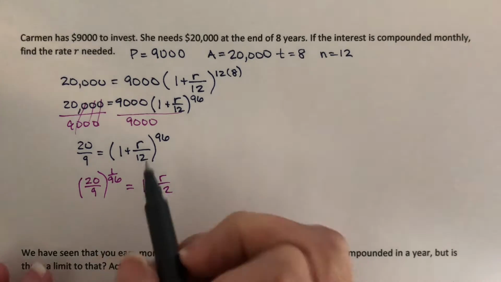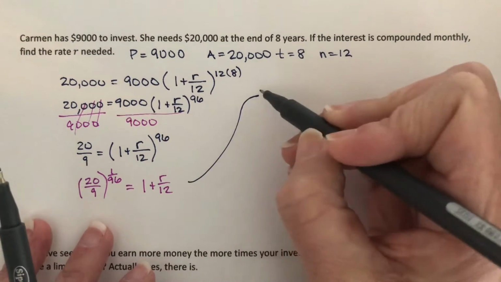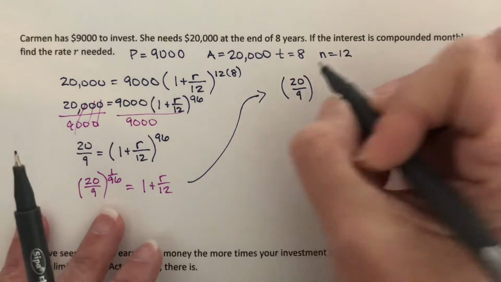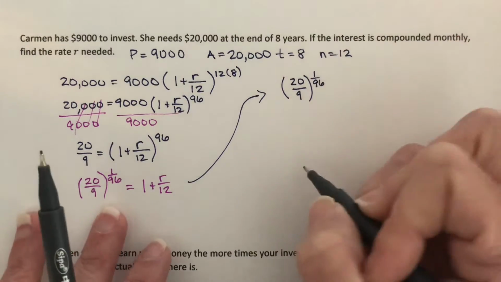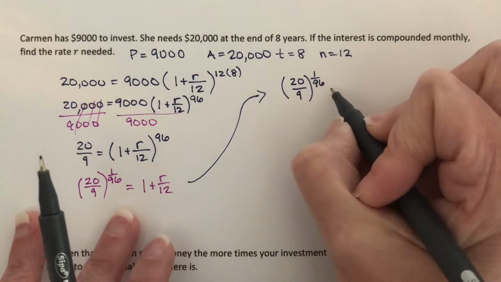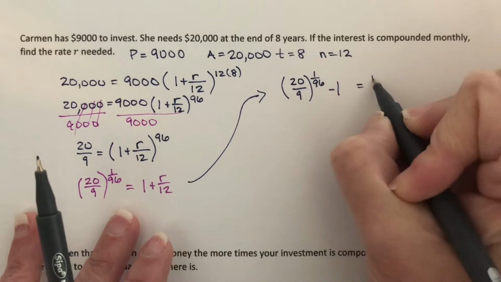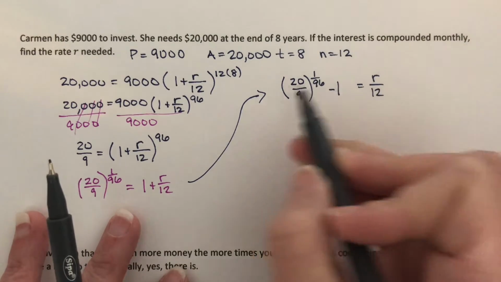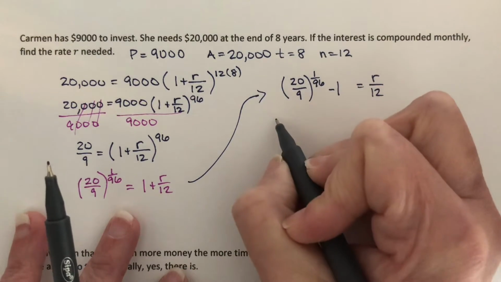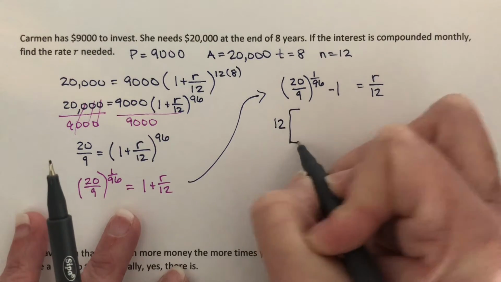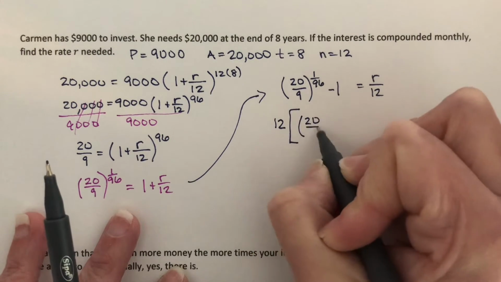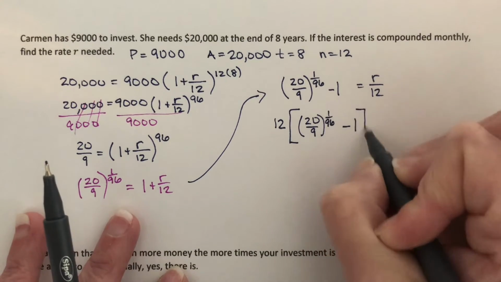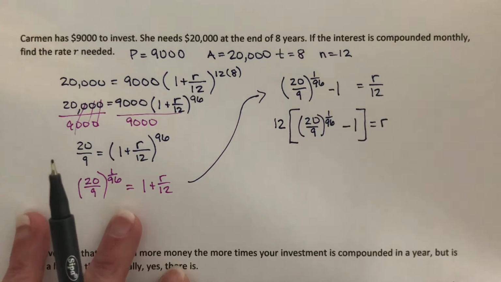Okay, now subtract 1 from both sides, and I will have 20 over 9 to the 1 over 96th power minus 1 is equal to R over 12. And now to get R by itself, we just need to multiply both sides by 12. So I have 12 times 20 over 9 to the 1 over 96th power minus 1 is equal to R.